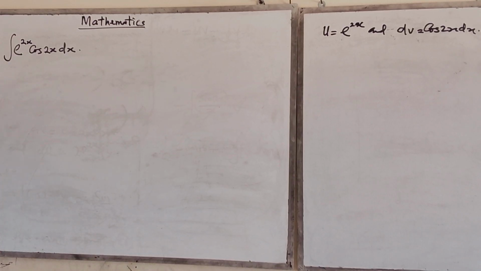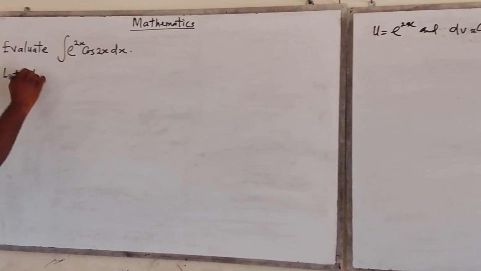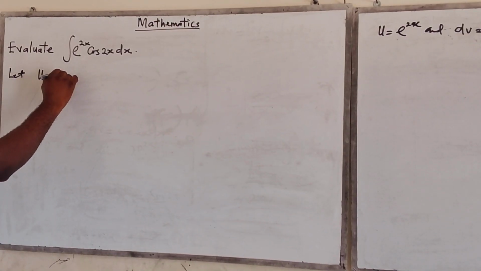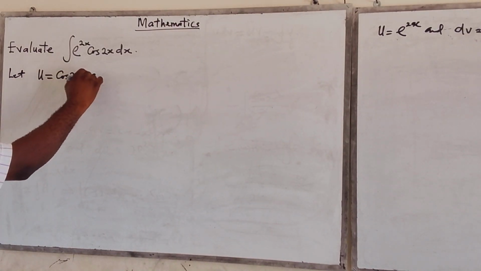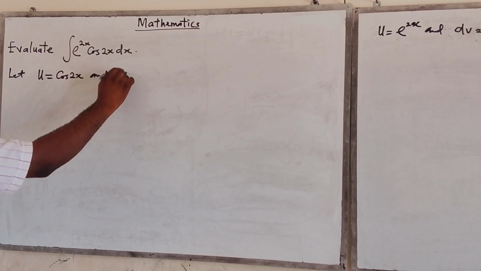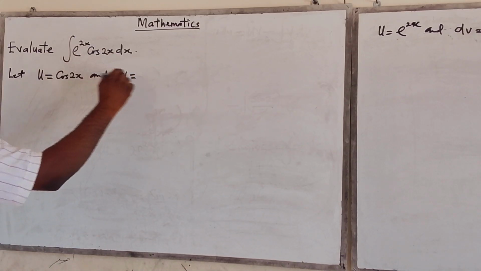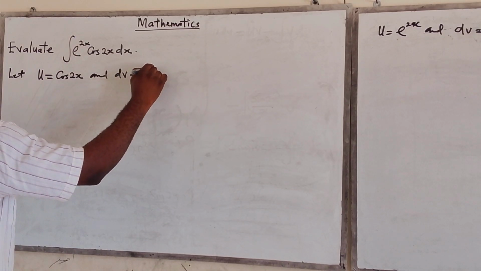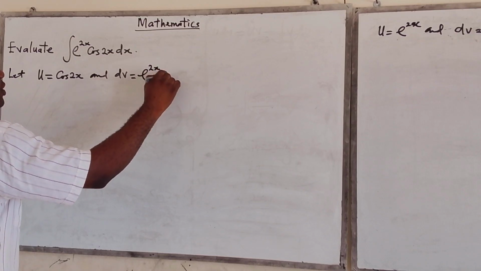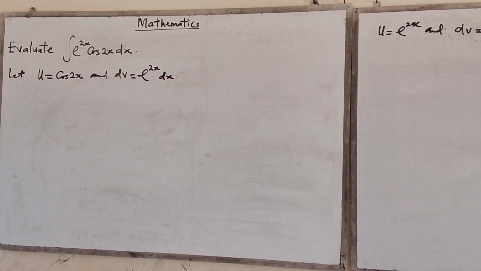So here, let u be equal to cos 2x and v be equal to e raised to the power of 2x dx.